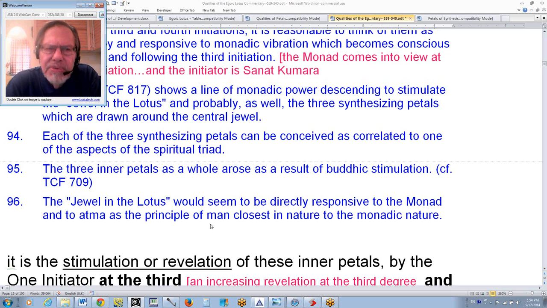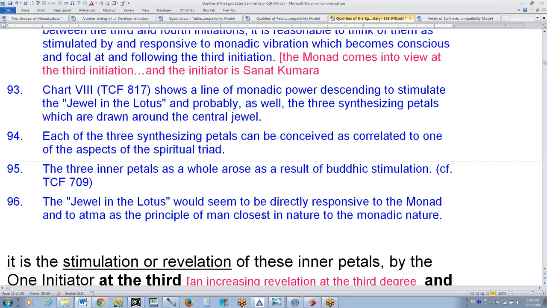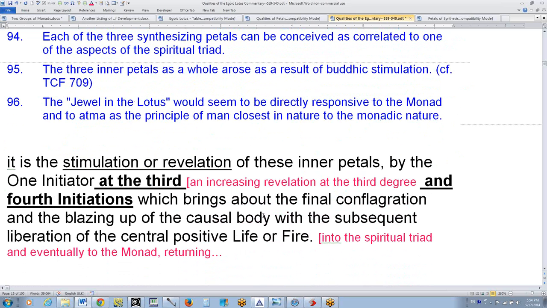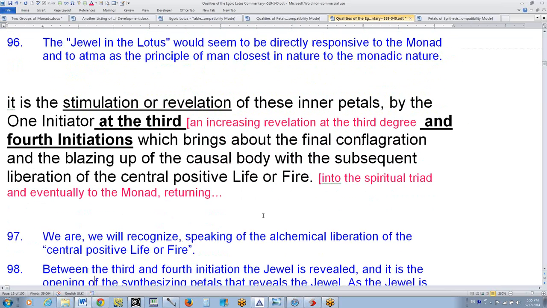So as we had read before, it is the stimulation or revelation of these inner petals by the one initiator at the third and fourth initiations, which bring about the final conflagration of the blazing of the causal body. Okay.